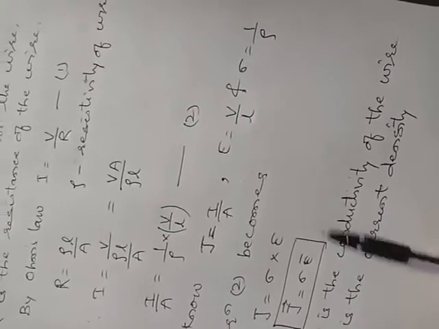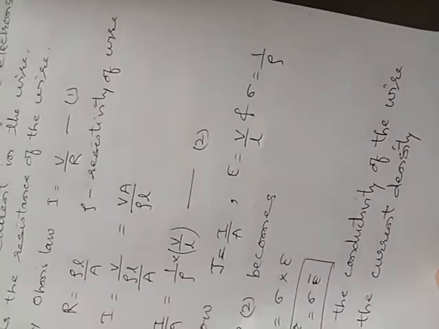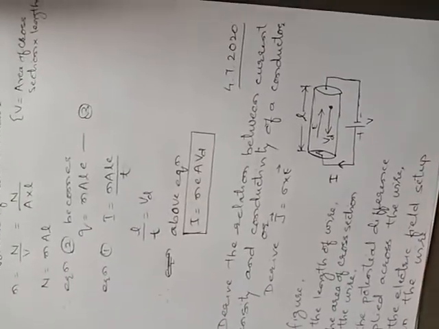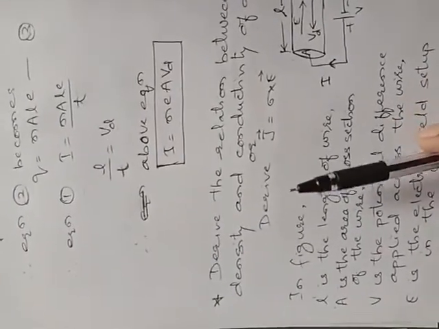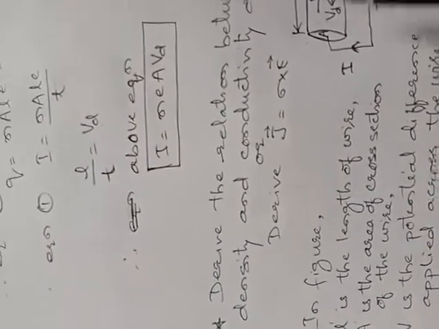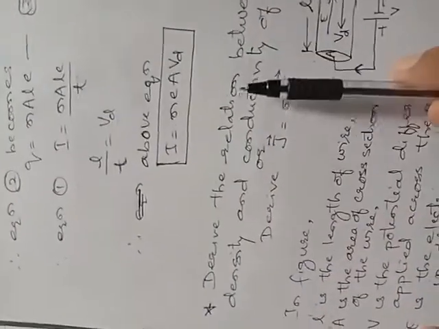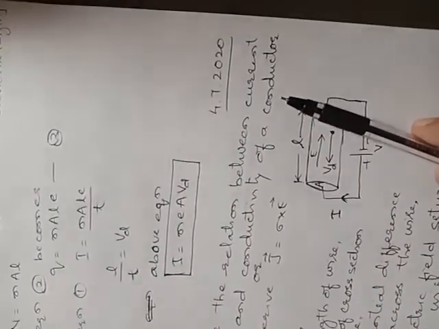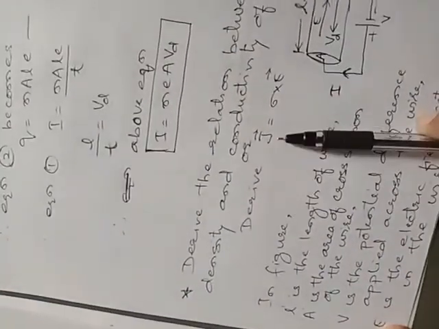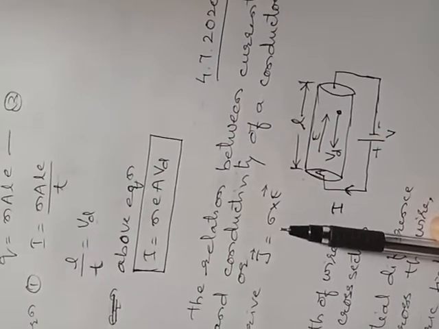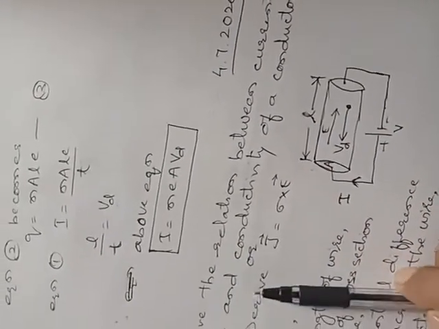Understood? Once again I will revise this derivation. The question may be asked like this: derive the relation between the current density and conductivity of a conductor, or derive J is equal to sigma into E. In these two ways the question may be asked in the exam.